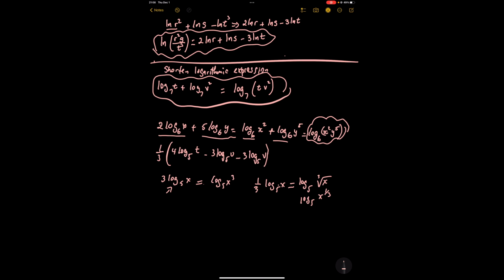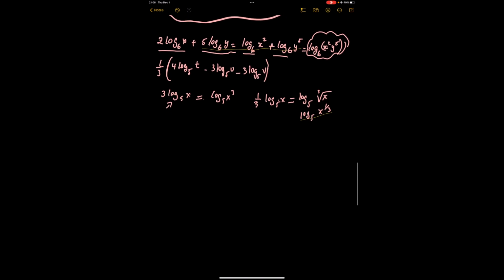So, guys, now I've given you this little trick. Let's go back and redo the problem. 1/3 of 4 log 5 t minus 3 log 5 u minus 3 log 5 v. First things first, we're going to deal with the inside, so the third stays outside.